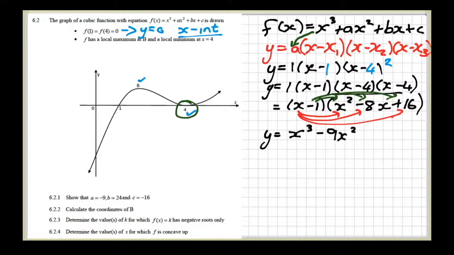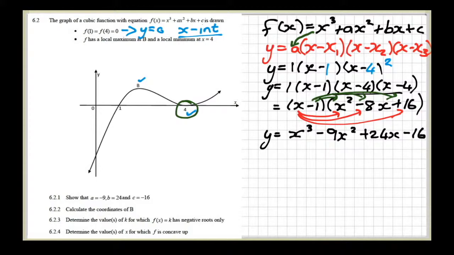Going to do the same with the x's. x times 16 is 16x. Minus 1 times minus 8 is plus 8x. So that together gives me 24x. Now last but not least, I've got minus 1 times this plus 16, which gives me negative 16.